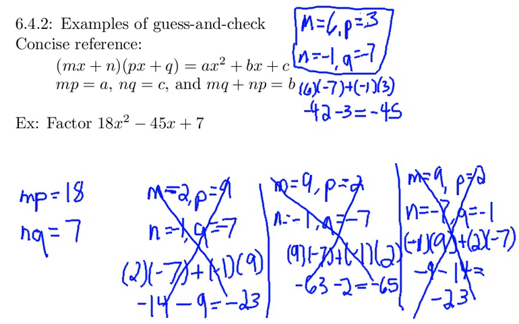Oh shoot. Okay, I mixed it up at first. Okay, so that means this whole thing is equal to 6x minus 1 times 3x minus 7.